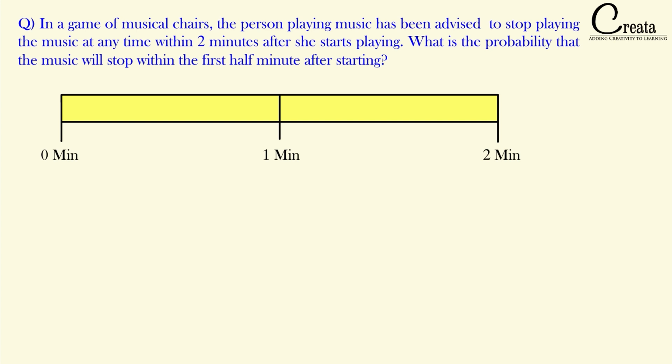The question is, what is the probability that the music will stop within the first half minute after starting? So let's mark the half minute. We have to calculate the probability of this half minute zone. The total duration of time is 2 minutes and we have to calculate the probability of the half minute zone. Let's take the formula of probability.